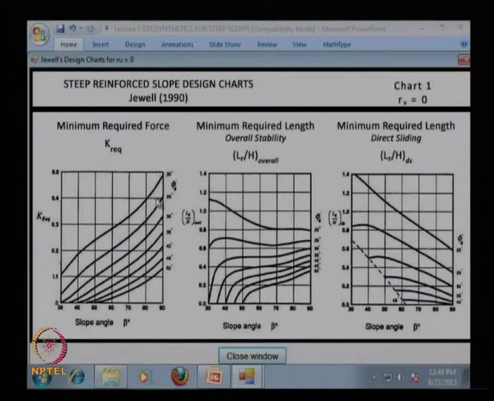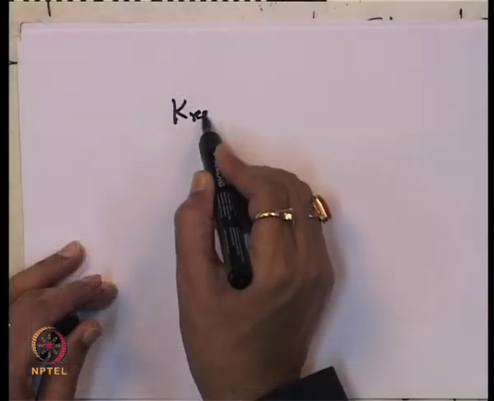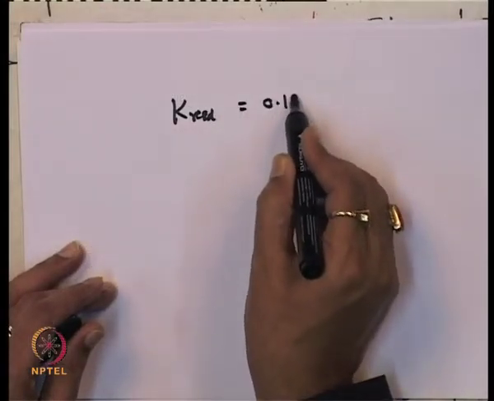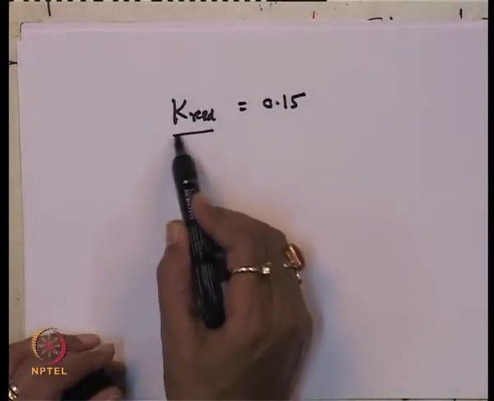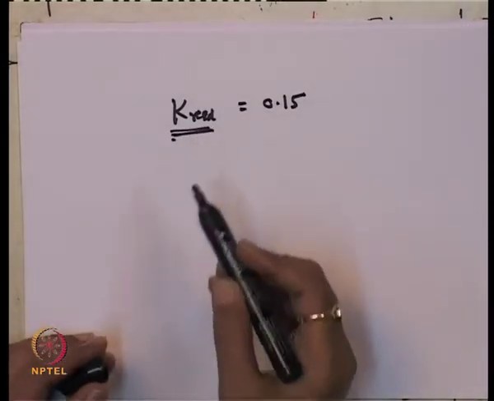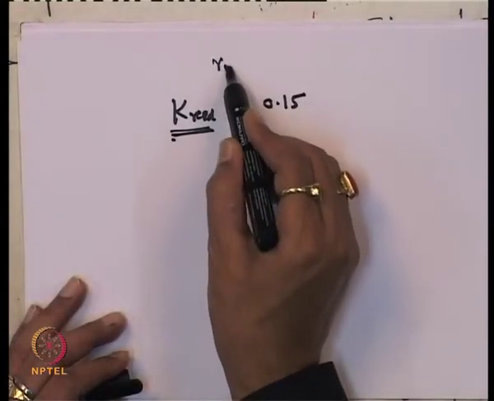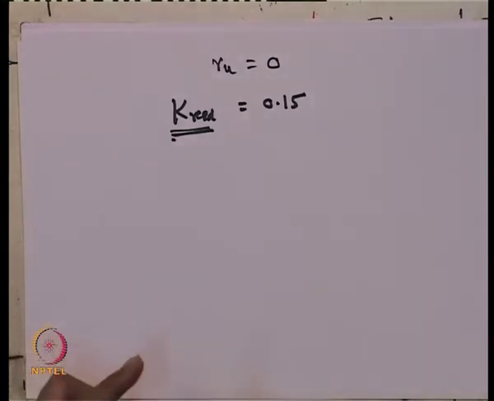For 60 if you go up and for phi 30, then you can calculate K required. I am just noting from this chart that K required is 0.15, the minimum required force, and RU value is equal to 0.